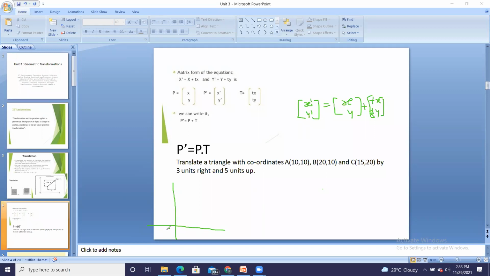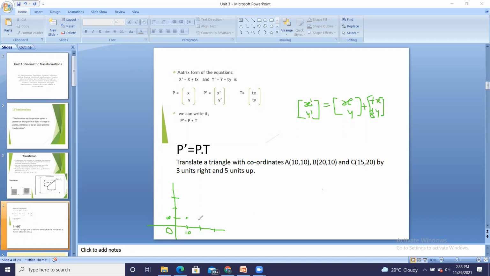So this is your origin. This is 10, 20, 30. Here also 10, 20 and 30. Okay. So A point is 10, 10, on this graph I have drawn. So this will be your A point where the X coordinate is 10 and the Y coordinate is also 10. Next, B is 20, 10.